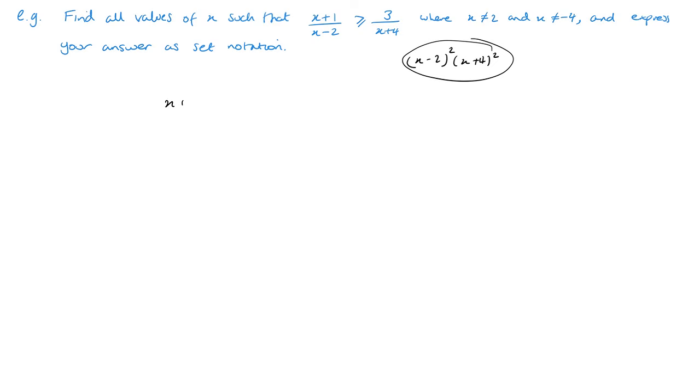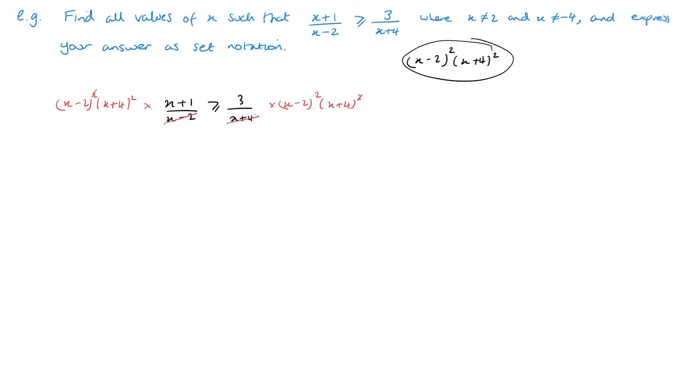So we've got x plus 1 over x minus 2, and that's 3 over x plus 4. And we're going to multiply both sides by x minus 2 squared, x plus 4 squared. Okay, so that is both sides. So like that squared will cancel with that, and this squared will cancel with that.